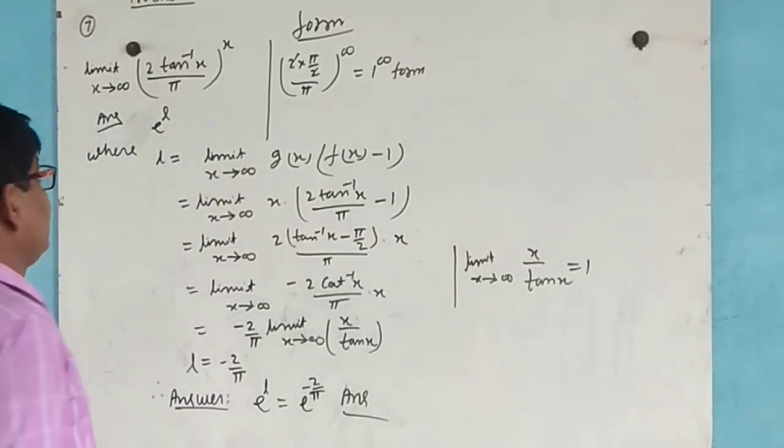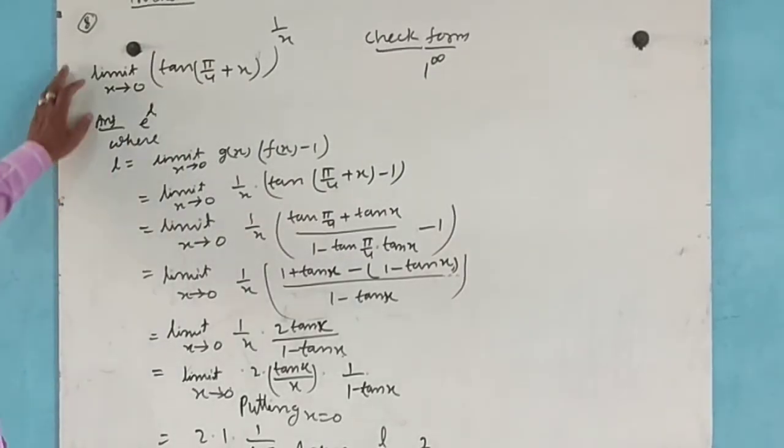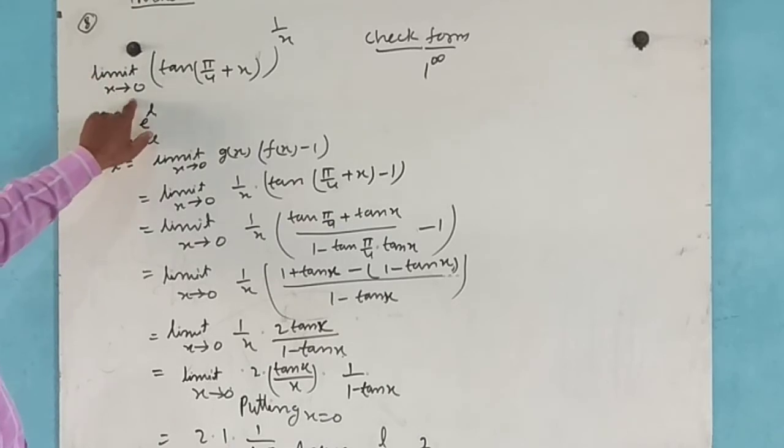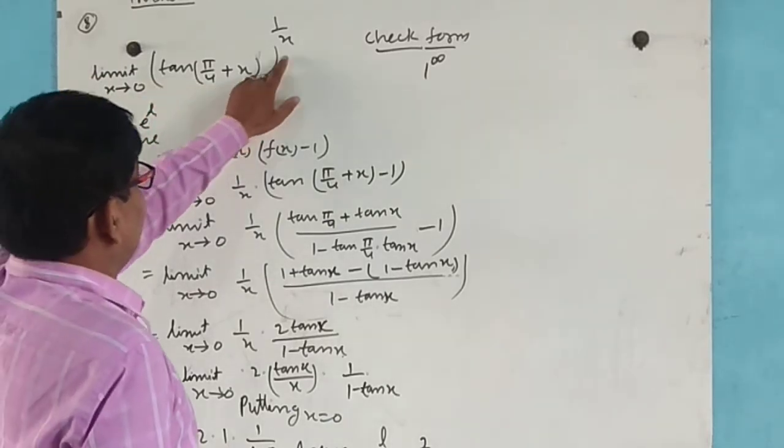Now we take the next problem. Limit x tends to 0, tan of pi by 4 plus x, to the power 1 by x.